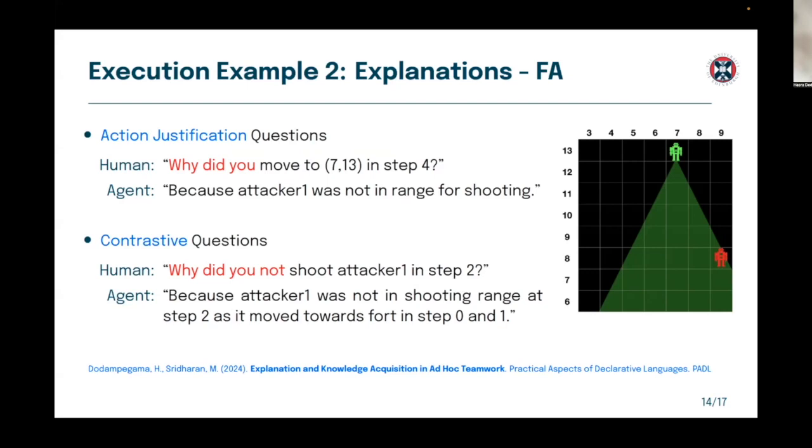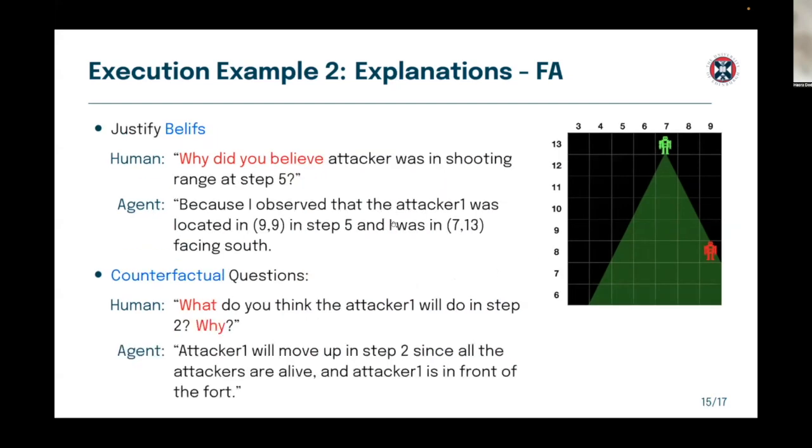And then it can also answer when you ask why it did not select some particular actions. Another thing is that it can justify the beliefs that it has. So you can keep on asking questions and go into much more detail in these sections. And you can also ask questions about the actions of the other agents in the domain. To do this, it uses the decision tree transparency so that it can provide answers about the other agents' actions.